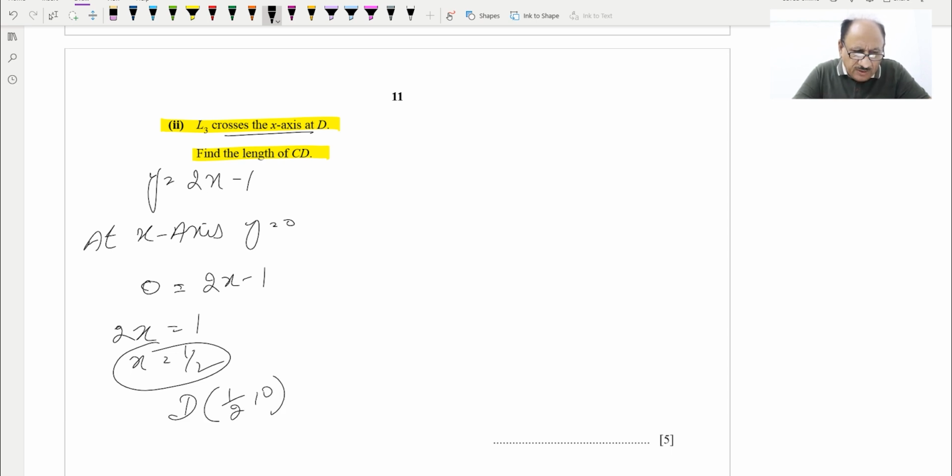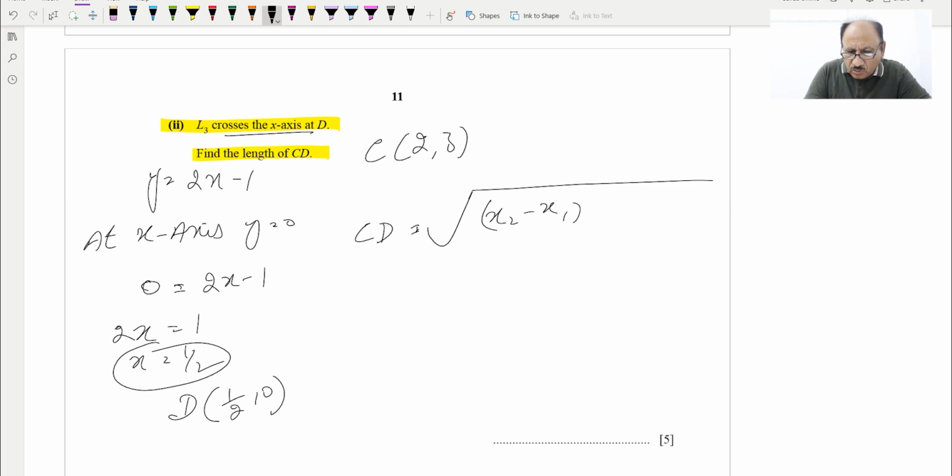Now they are saying find the length of CD. C point we already know is 2 and 3. So we can find CD, where the length formula will be applied, which is the square root of x2 minus x1 squared plus y2 minus y1 squared, and we will replace the values.